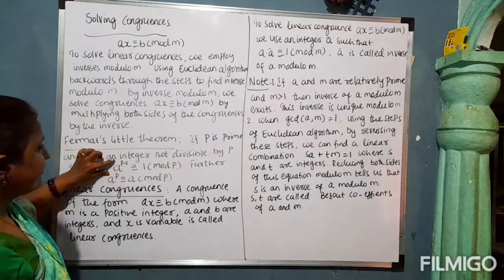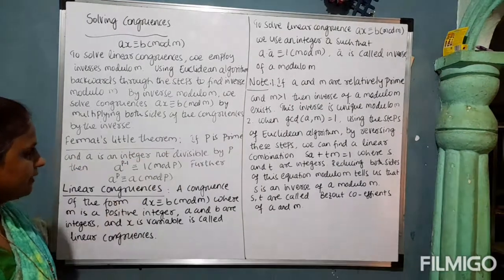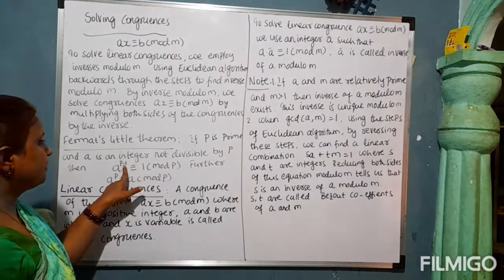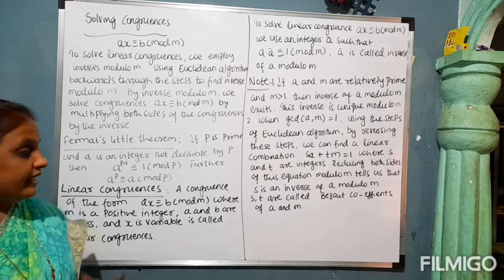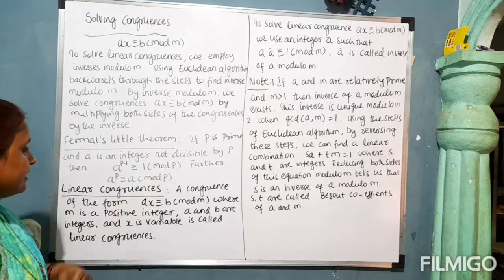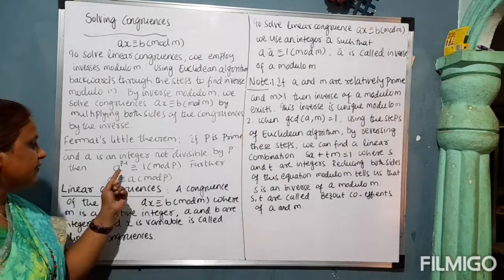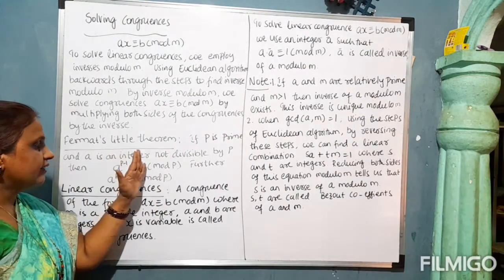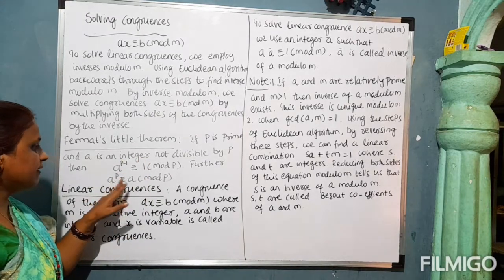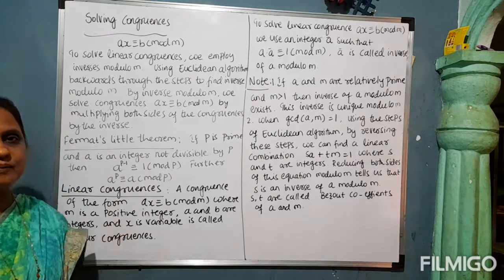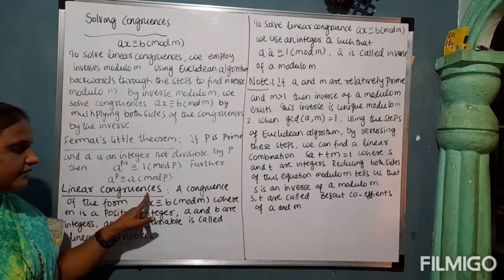Means if a and p are relatively prime, then a to the power p minus 1 is congruent to 1 mod p. This can also be written as a to the power p congruent to a mod p, that is, if we multiply by a.